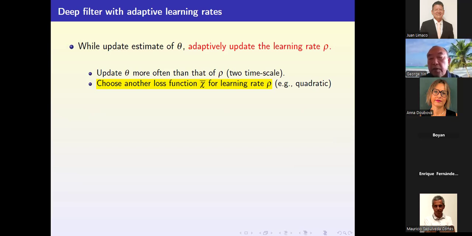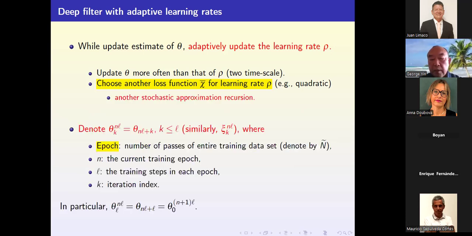Instead of just one fixed constant rho, we generate a sequence of them, trying to find a better, improved learning rate. This really corresponds to two things: theta is the parameter we want to estimate, and we also generate rho, a sequence of the learning rate. Here I want to mention one thing: by epoch, we mean the number of passes of the entire training data set going through.